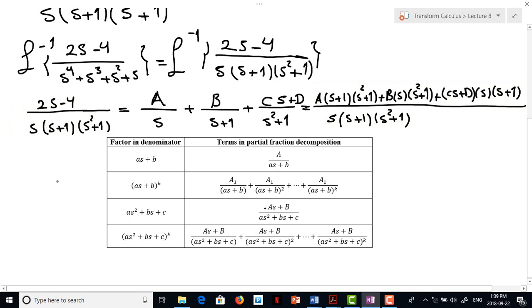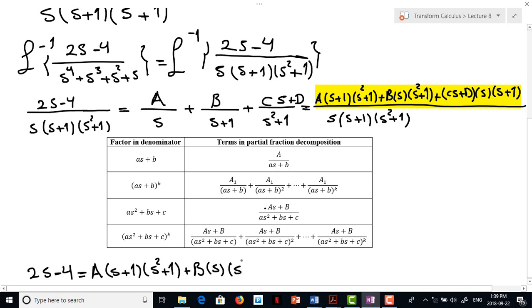As a result, the numerator should be the same. So we can write 2s minus 4 is equal to A times (s plus 1) times (s squared plus 1) plus B times s times (s squared plus 1) plus (Cs plus D) times s times (s plus 1).